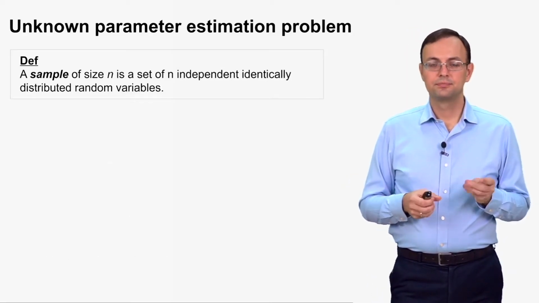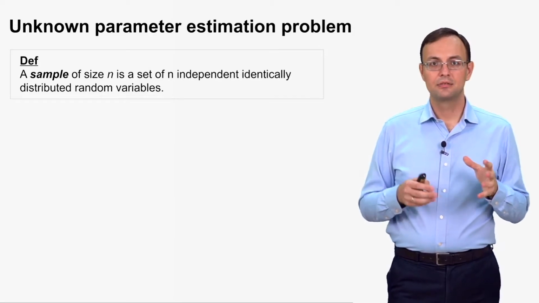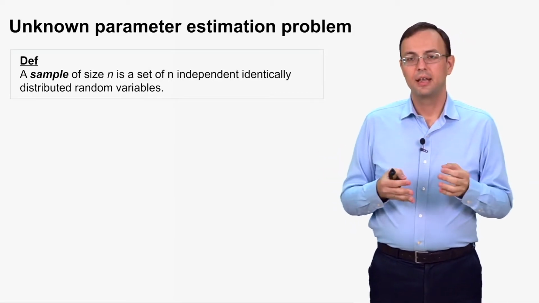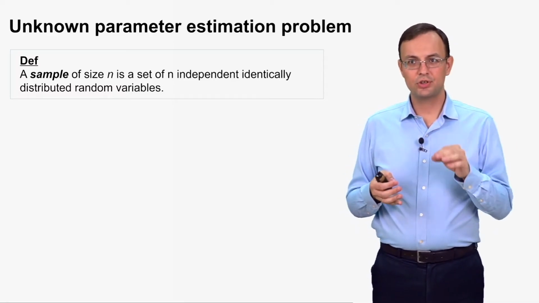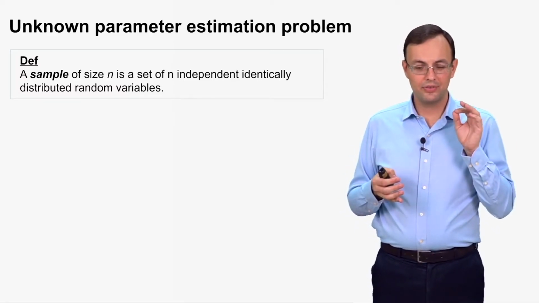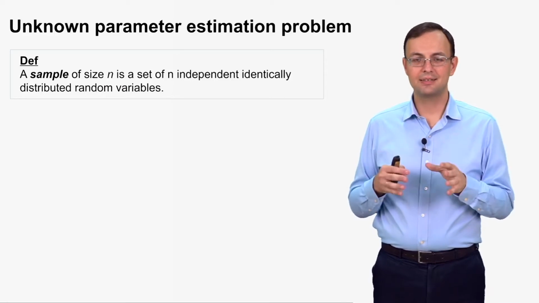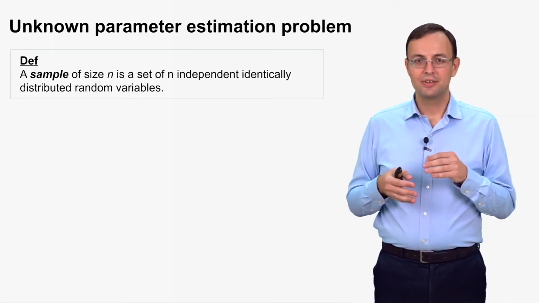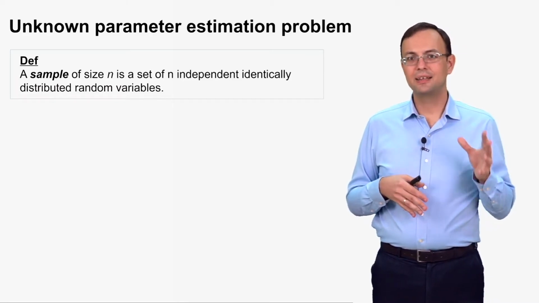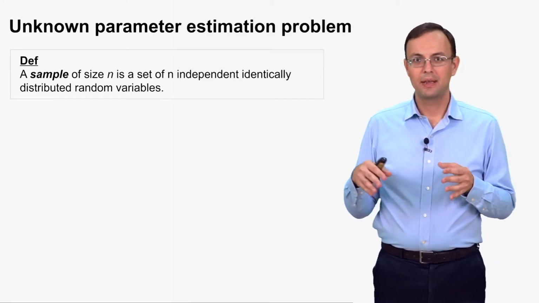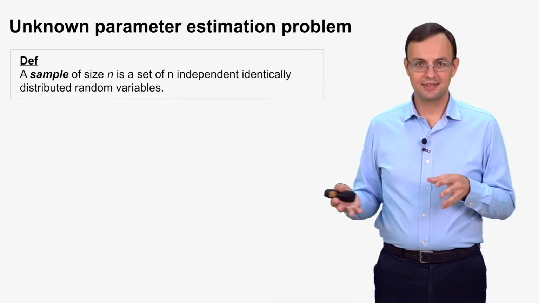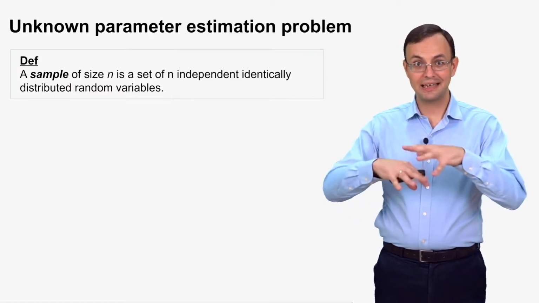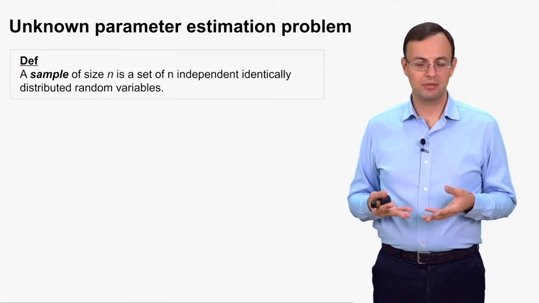Now, let's try to define this mathematically. But before the definition of an estimator, let's talk a little bit about what we call a sample in our science. Previously, I used the term observations, but usually in mathematical statistics, we prefer to call them collectively a sample.